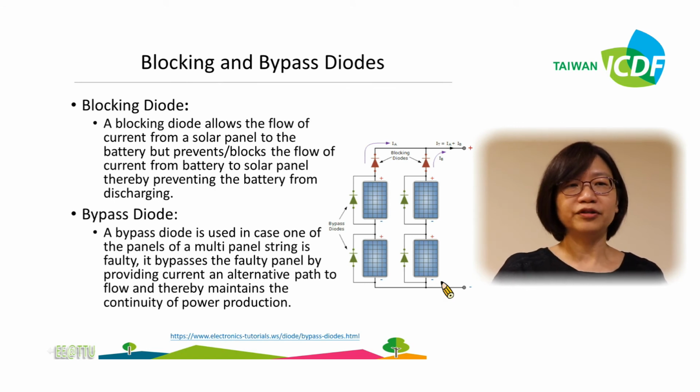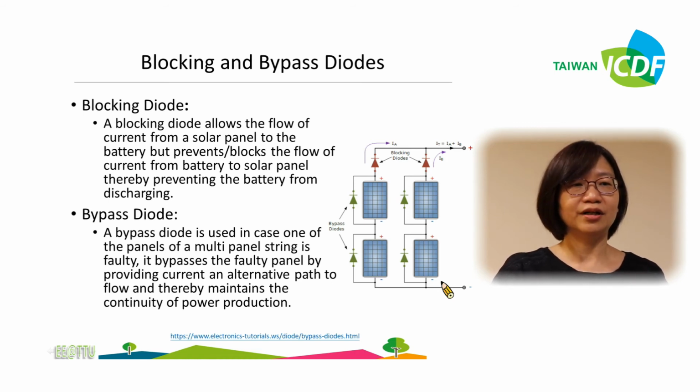Just as I mentioned previously, there are diodes in the junction box. In addition to that, we need to put extra diodes, either a blocking diode or a bypass diode. A blocking diode allows the flow of current from the solar panel to the battery, but prevents the flow of current from battery to solar panel, thereby preventing the battery from discharging.